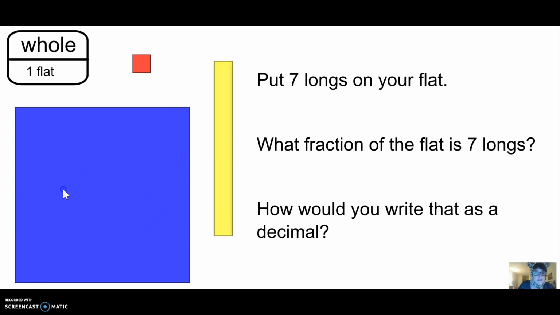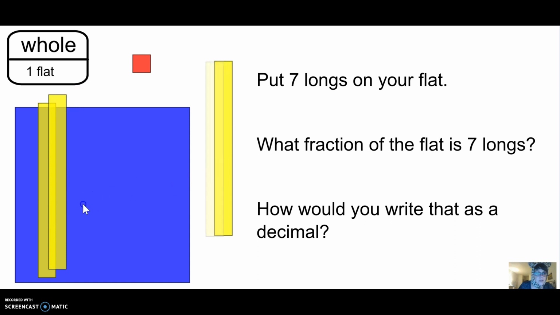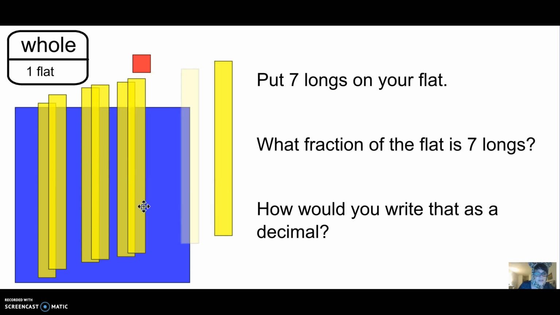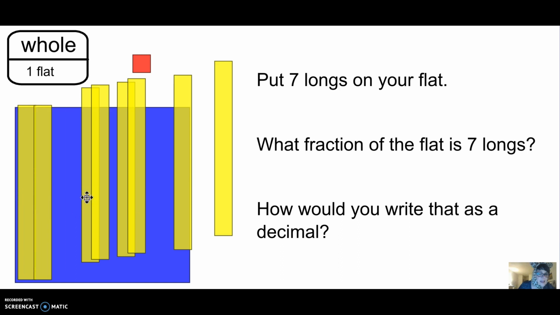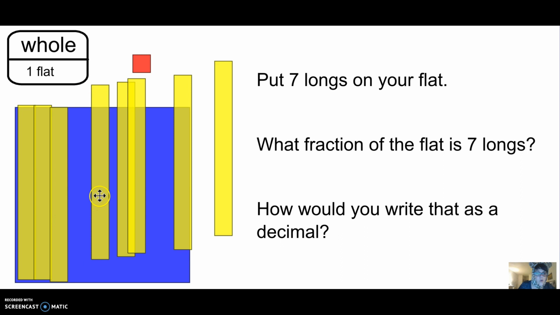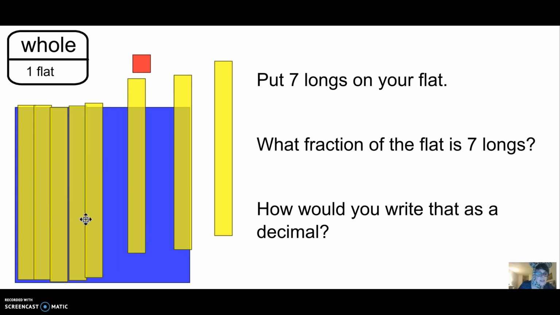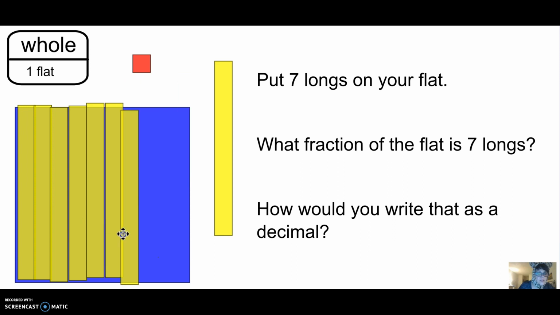So if I put 7 longs on my flat, 1, 2, 3, 4, 5, 6, 7. If I place these 7 longs on my flat, what fraction of my flat is my 7 longs?